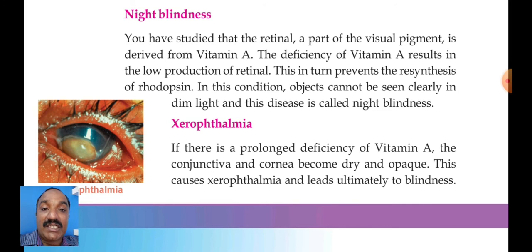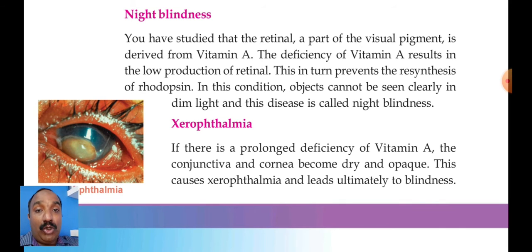Actually the cornea is transparent like glass. It becomes opaque. Opaque means light cannot pass through it. First, the cornea and conjunctiva become dry. Then the cornea becomes opaque. Then that leads to a condition of blindness. Such a disorder is called xerophthalmia.